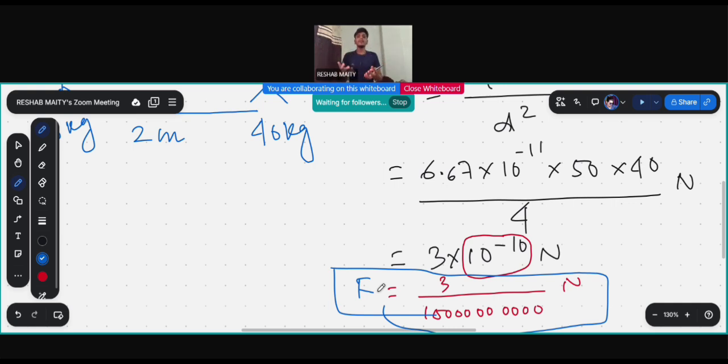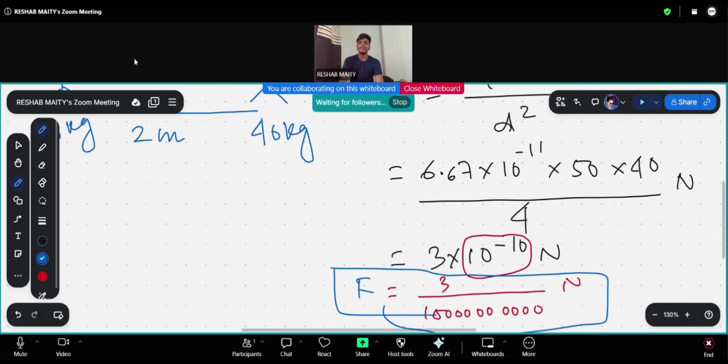But in the case of two planets, like the Moon and our Earth, we know that the Moon revolves around our Earth. Why does it do that? Because of the huge gravitational attraction force between them.